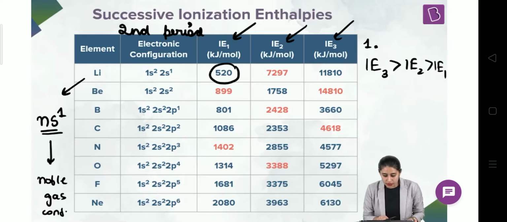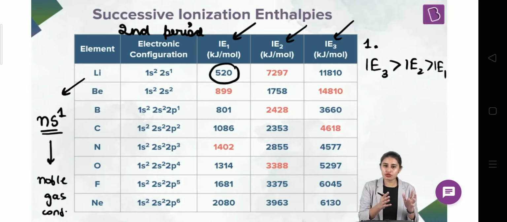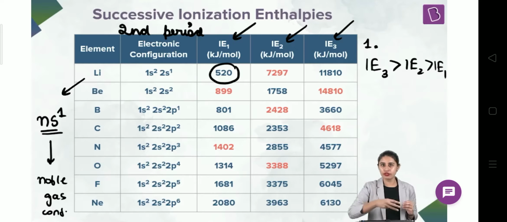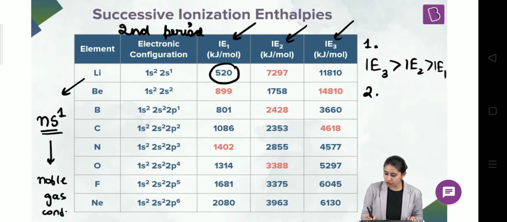So wherever the removal of an electron leads to the formation of noble gas configuration or half-filled electronic configuration, removal of that electron becomes easy because on the removal of that electron, what we are retaining is an even more stable electronic configuration. The second conclusion will be even more clear when I give you the data for all the first group elements.